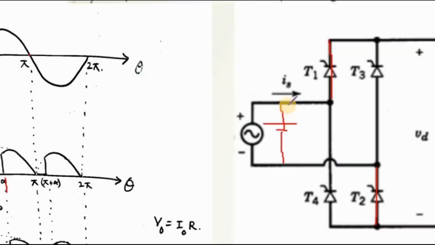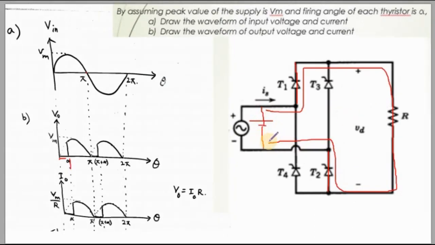Current will flow in this path, all the way from here to there. So the current path is like this. There you have a potential difference, something like this from here to there.